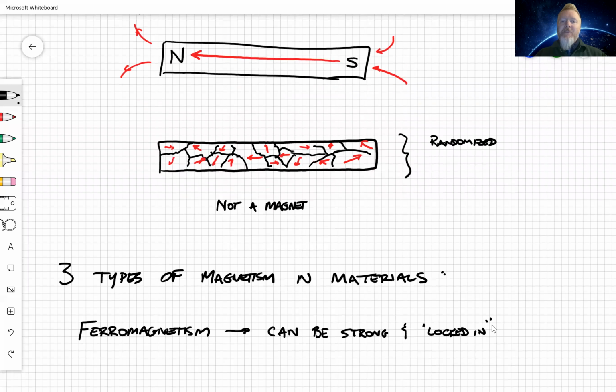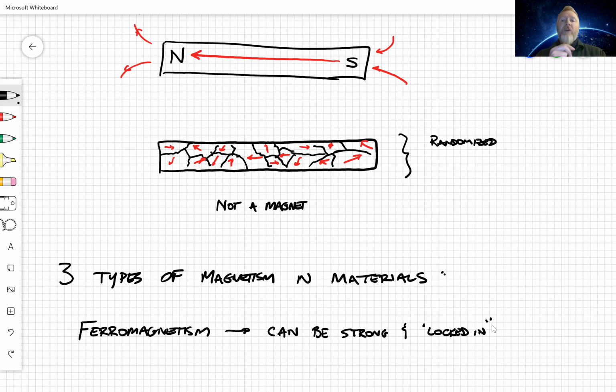Ferromagnetism can be a very strong effect. It can also be a situation where you have a material that's ferromagnetic, like iron, a typical paperclip. It's not a magnet, but it will magnetize near a magnet. There are different levels of the strength of the ferromagnetism.